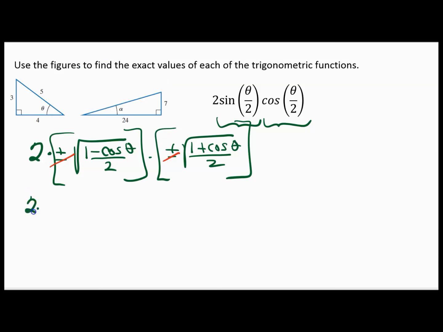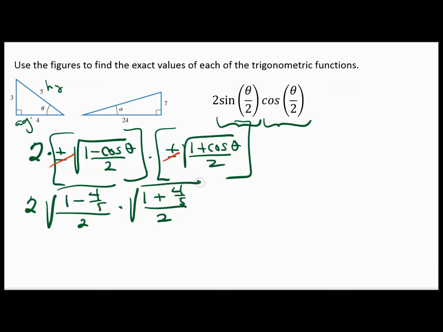So we have 2 times the square root of 1 minus, now cosine of theta, looking at my theta picture, that's adjacent over hypotenuse, so 4/5 over 2, whereas the second square root is 1 plus the cosine of 4/5, because it's still cosine of theta, over 2.